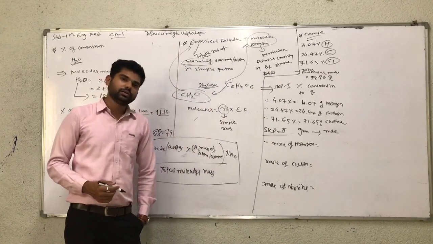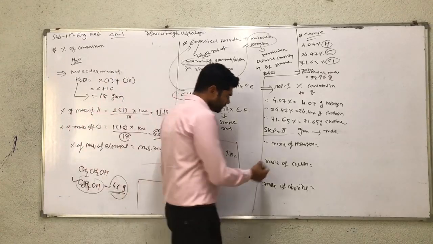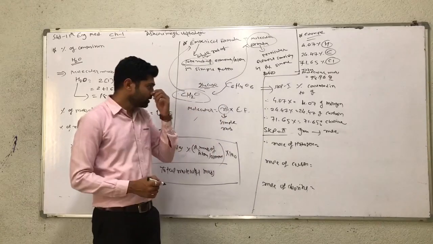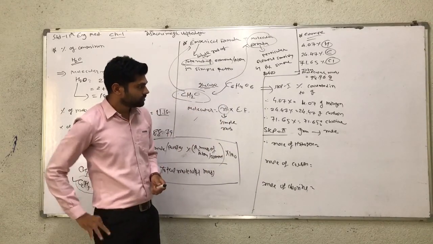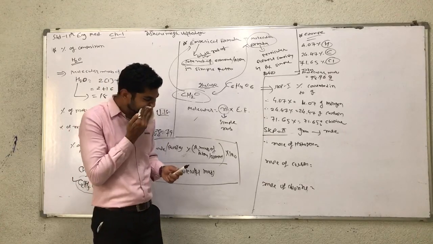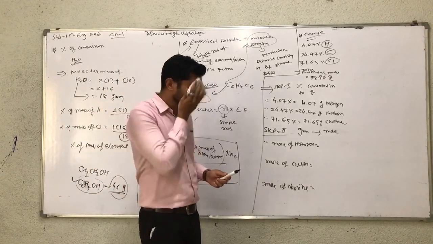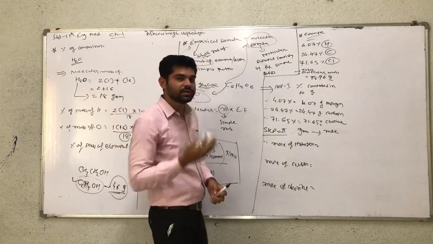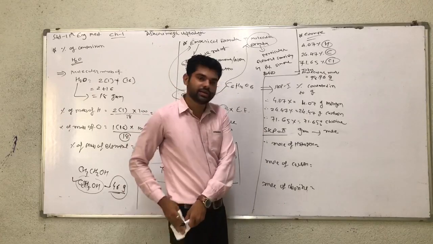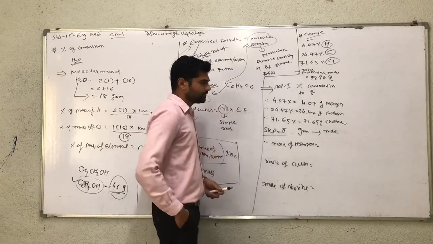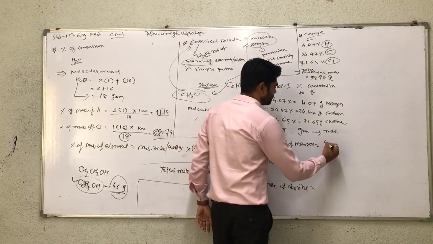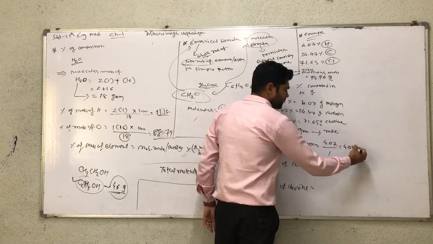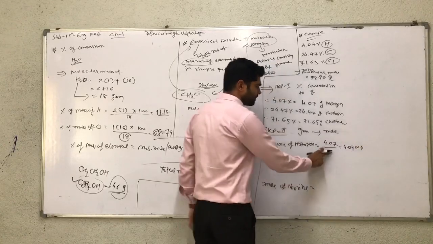Given mass divided by atomic mass. Given mass is 4.07 and atomic mass of hydrogen is 1, so the answer is 4.07.